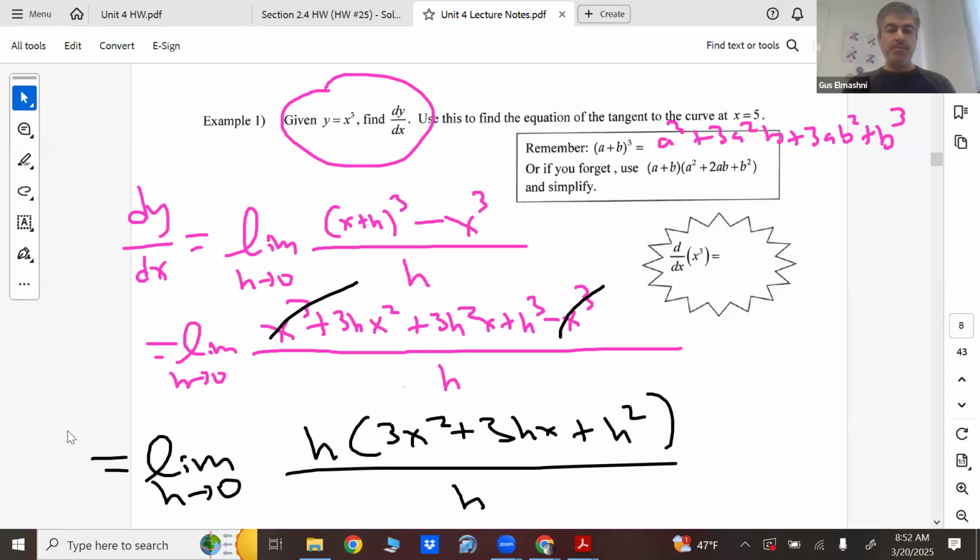What happens to the h's? They cancel. And at this point, you can just plug in 0 for h. What do you get? 3x squared. Yep.